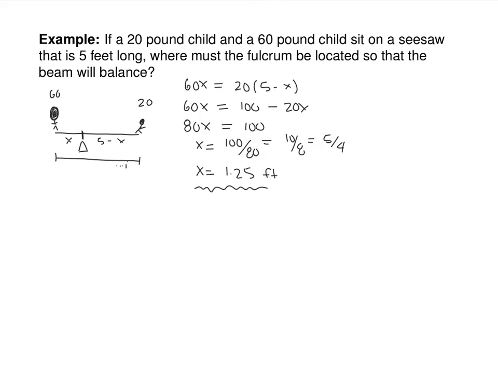You have to be a little bit specific about how you specify 1.25 feet. Is it 1.25 feet from the small kid or 1.25 feet from the big kid? In this particular example, the way that I constructed the picture, it's 1.25 feet from the 60-pound child.